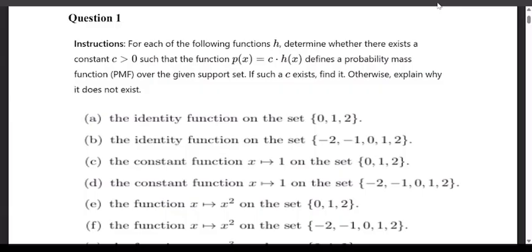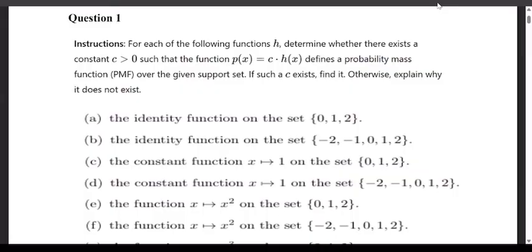The probability mass function is the probability distribution of a discrete random variable. So how are you going to identify the probability distribution of a random variable?